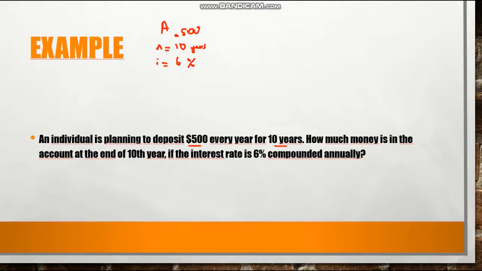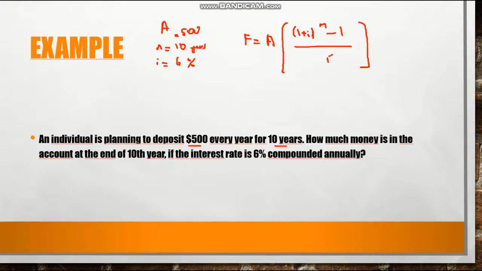Okay, what was the formula? Our formula: F is asking, how much money is in the account at the end of the 10th year, which is future money, is A, the annual series payment, multiplied by 1 plus I, power of n, minus 1, over the interest rate.